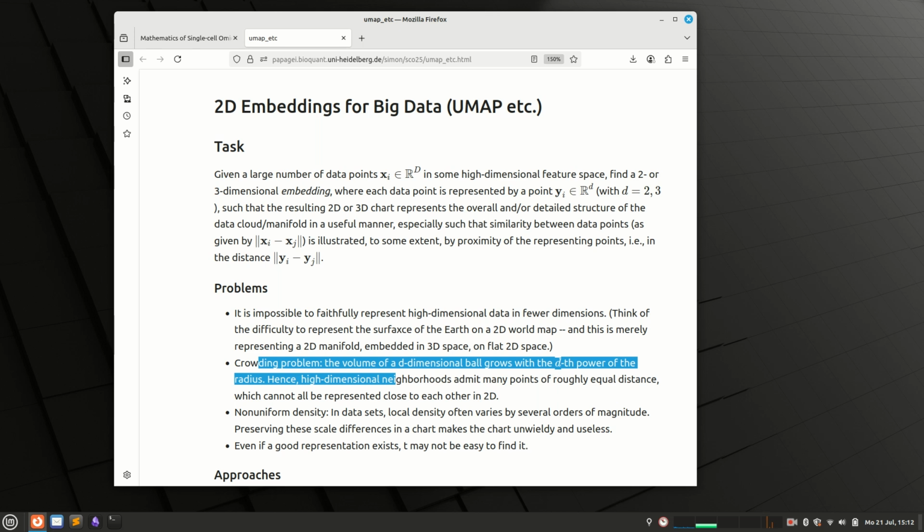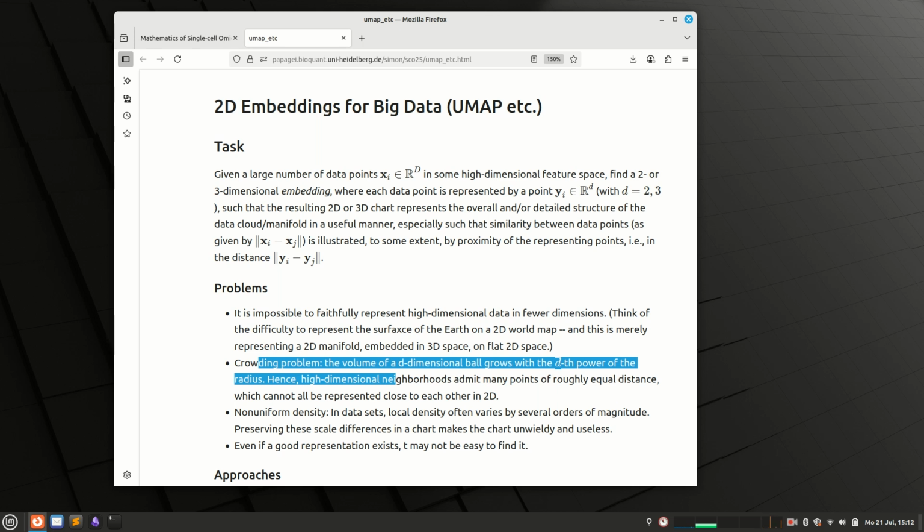In a high-dimensional space, many more points fit into a ball, because the volume of a ball grows exponentially with the dimension. So if you define the neighborhood as a small area around some point, then the representation of this neighborhood won't fit into a neighborhood unless you make the neighborhoods very large, and then they completely fill your plot. And we will come back to this in a moment.